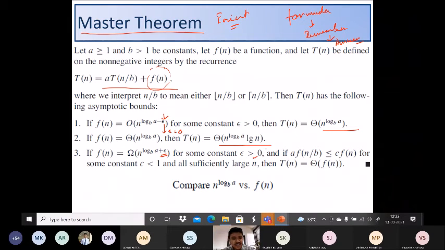For the third formula, you have to prove two things, 1 and 2. If you can prove this, directly tell this.